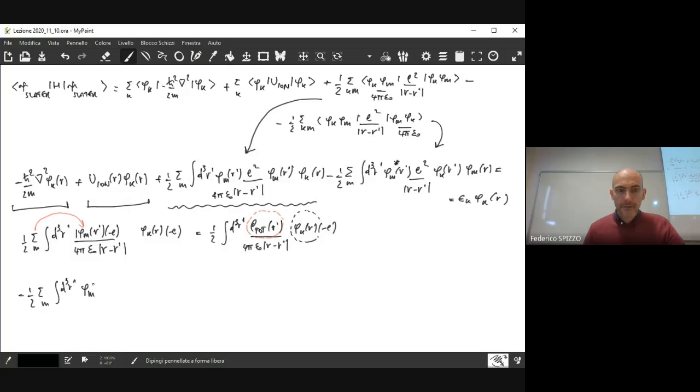We have phi m conjugated of r prime, e squared, and then within the integral there is, with the same coordinate, not the m level, but we have the k level. So due to that, it's not possible to write the square modulus, and then we multiply by phi m.